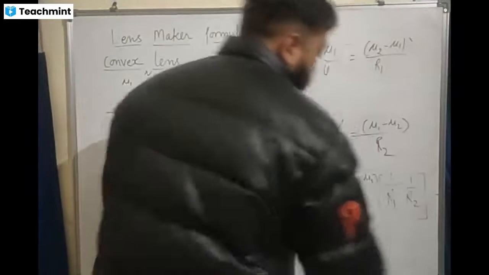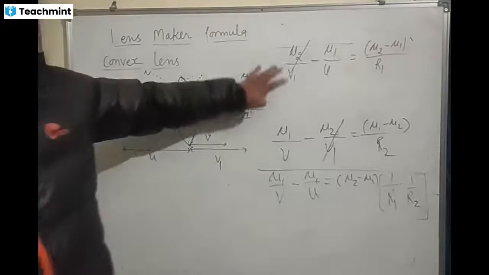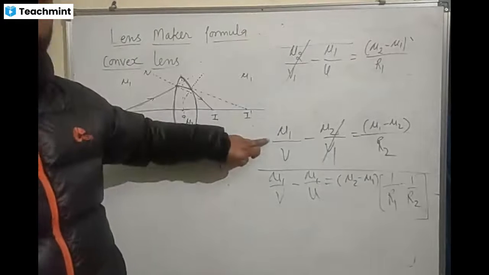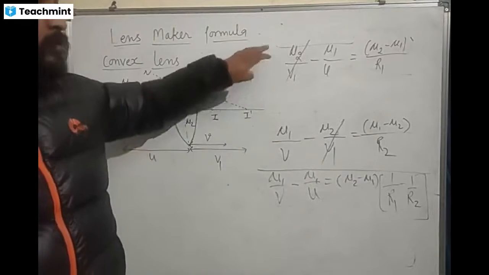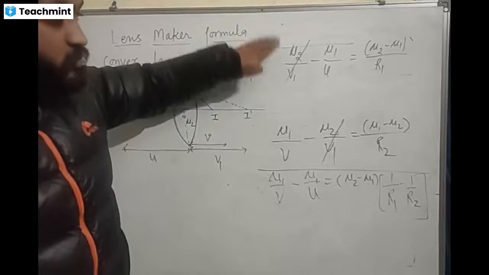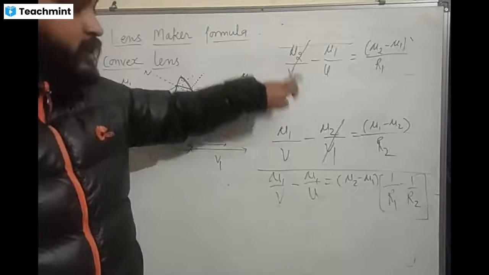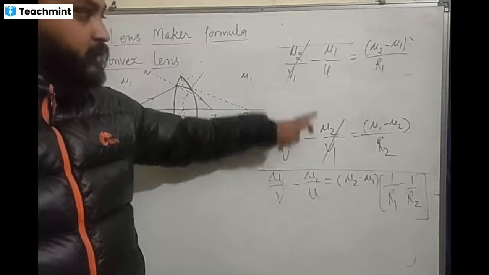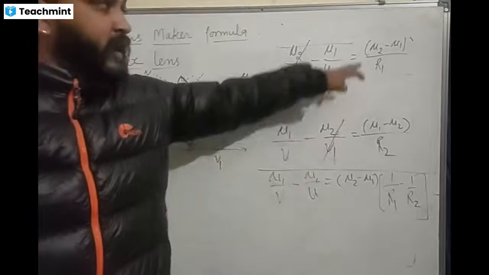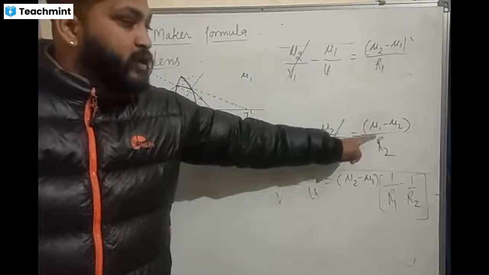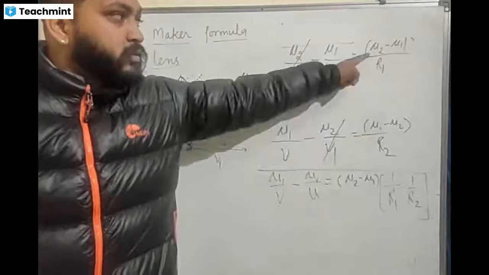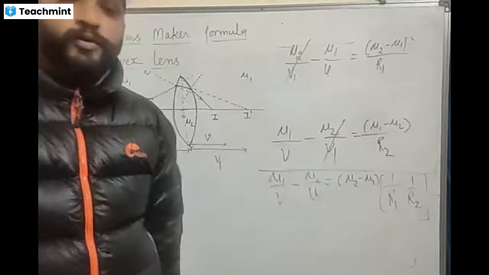You can apply the mathematics over here. What I have done, children, is I have just added equation 1 and 2, so this part gets cancelled. If I take mu2 minus mu1 as common, this becomes negative, so it becomes 1 upon r1 minus 1 upon r2.